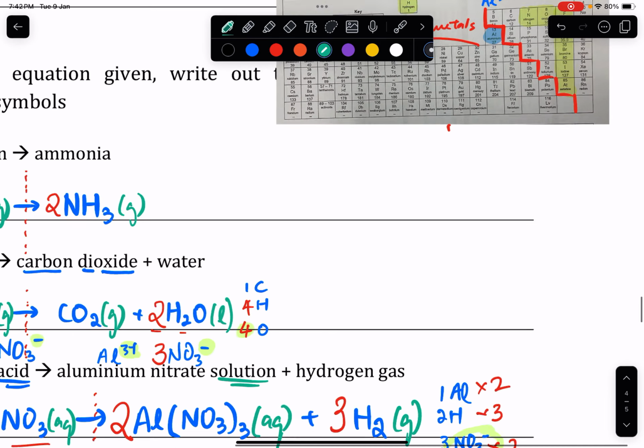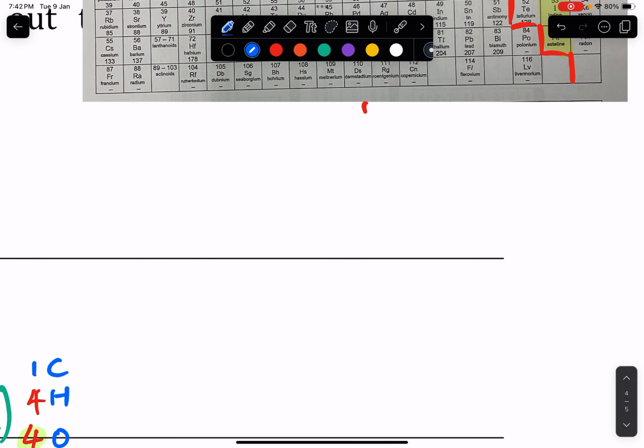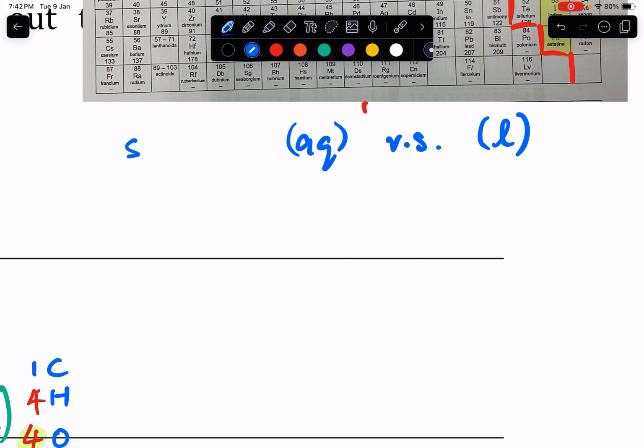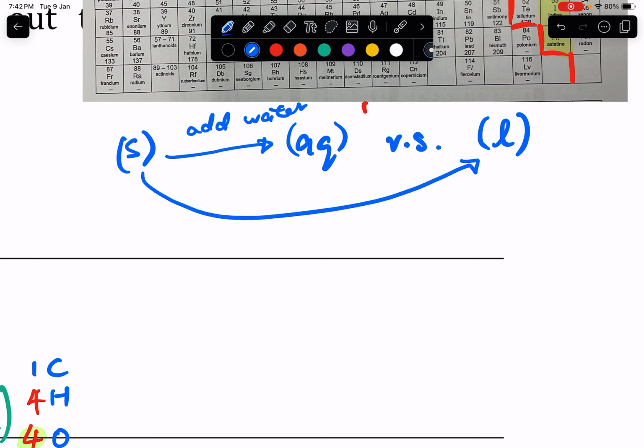This one students always ask. Aqueous versus liquid. Think about a solid. For a solid to go to an aqueous state means I need to add water. What about when I want a solid to get to a liquid state?